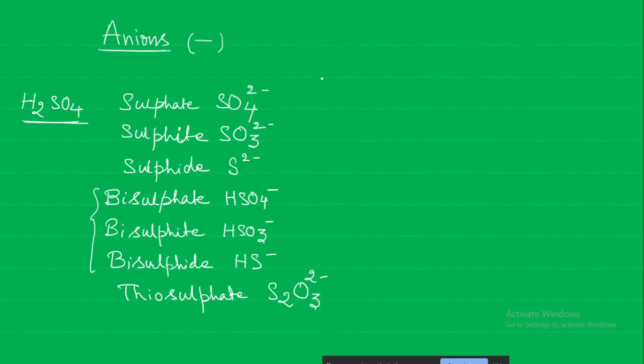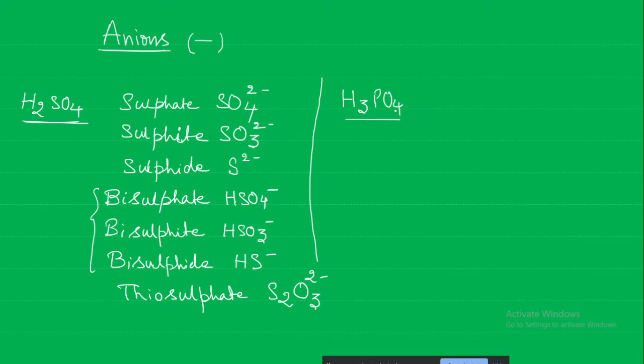Now the same thing we will repeat with phosphoric acid. Formula of phosphoric acid, you have to tell quickly. Sir, H3PO4. Okay.